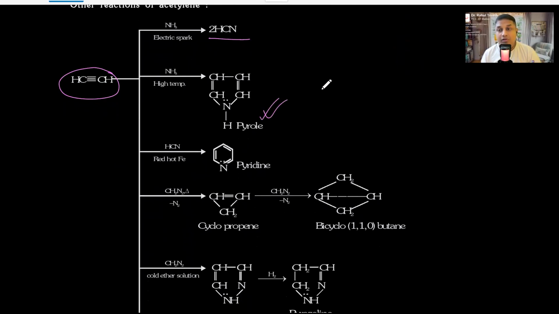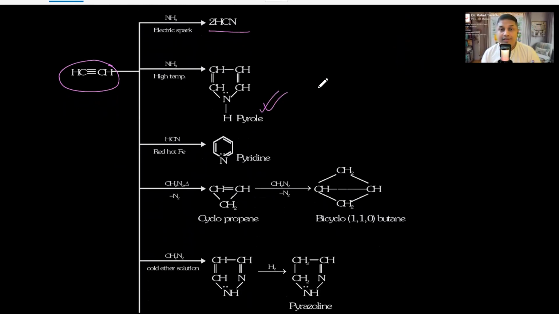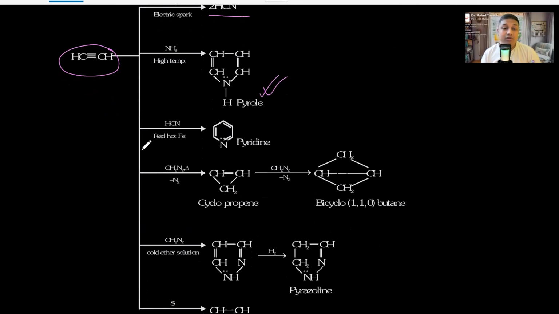We have seen pyrrole. Yes or no? Correct. Expose it to HCN in a red hot iron tube, you will have pyridine formation. The moment you put it in a red hot copper tube or red hot iron tube, what happens? Aromatization happens, cyclization happens. Yes or no?